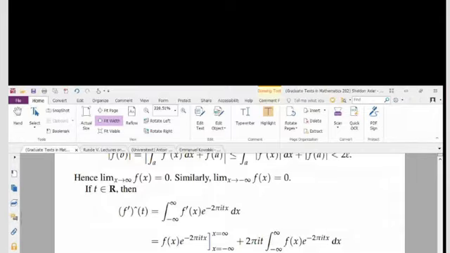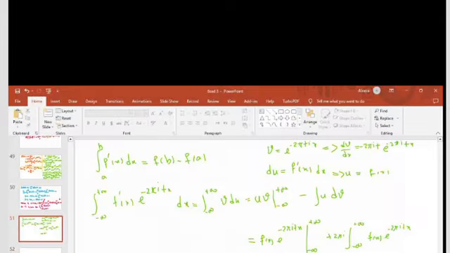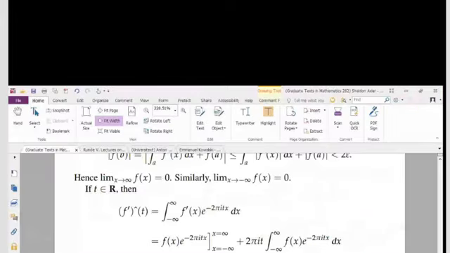I omitted this i, 2 pi it. Where the second equality holds because we showed in the paragraph above that these two limits are equal to 0.